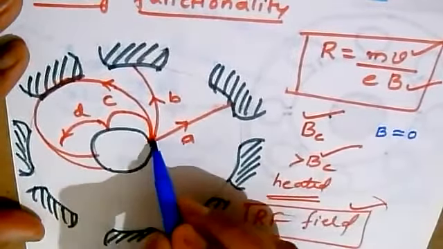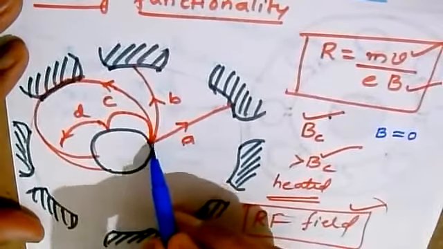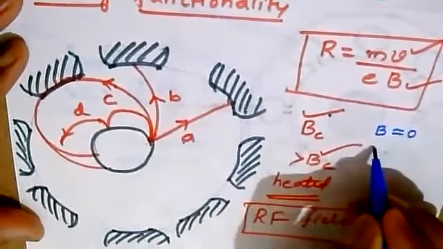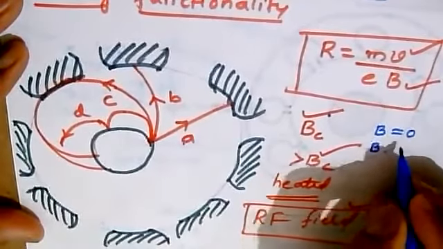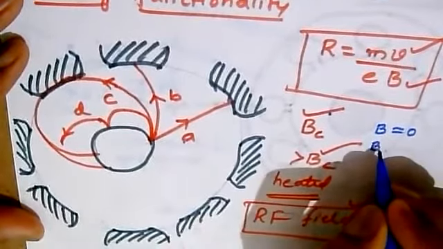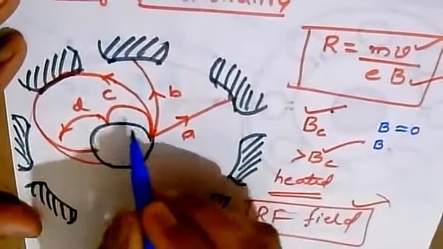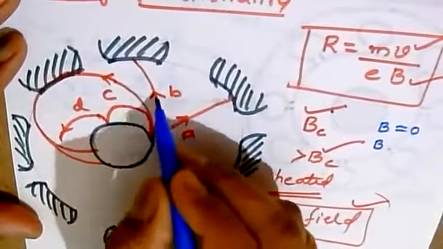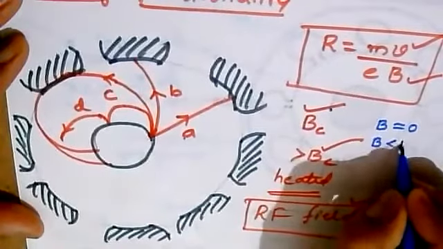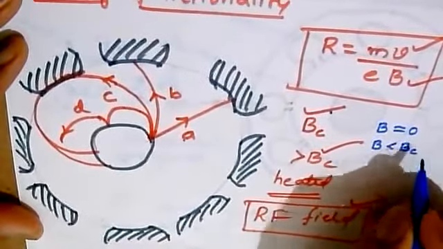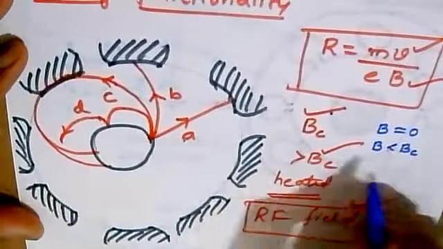In the second case, the trajectory B is a little bit curved. Here the magnetic field is a little bit more. In this second case, the magnetic field has just started to increase, but it is less than the critical field, which we discussed in the previous class.